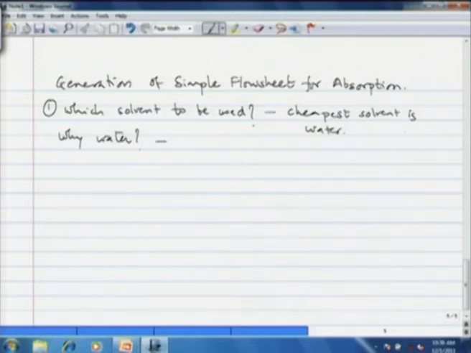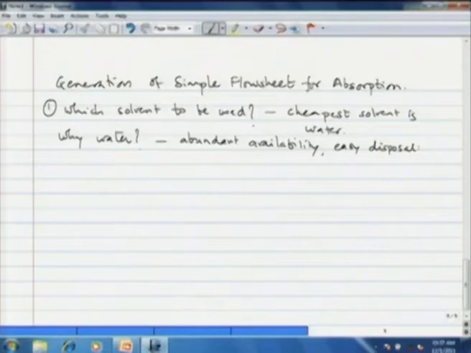Apart from the cost, it is abundantly available, and we can easily dispose it off after treatment. That may not be the case with organic solvents. Okay. Now, based on this, let us try to design a very simple system for absorption.